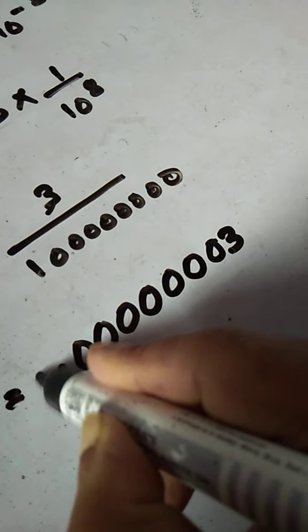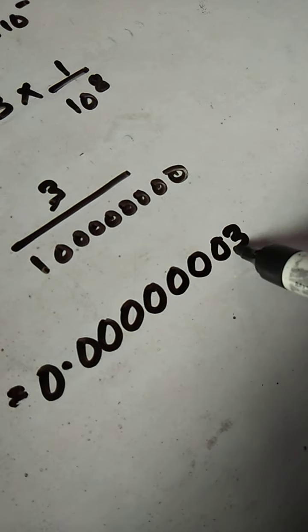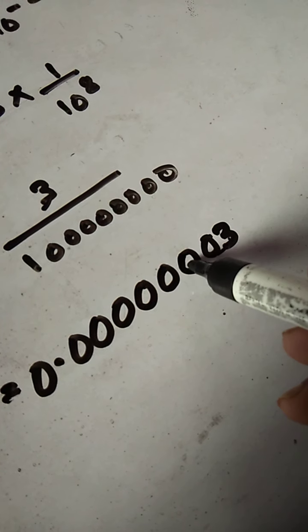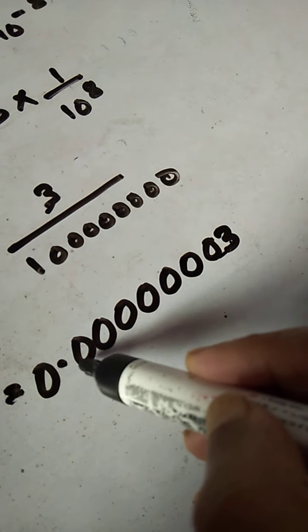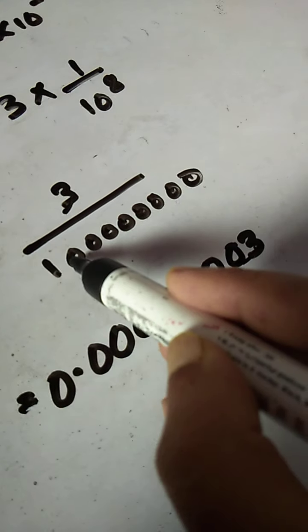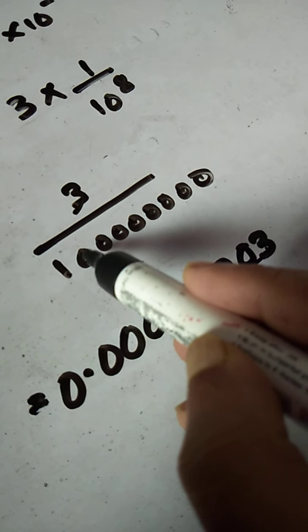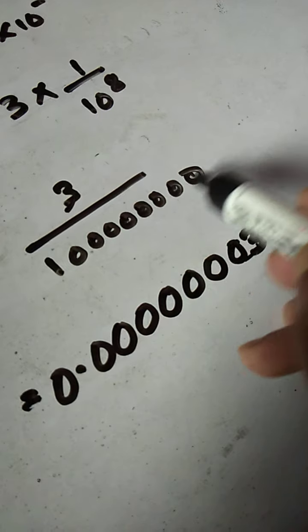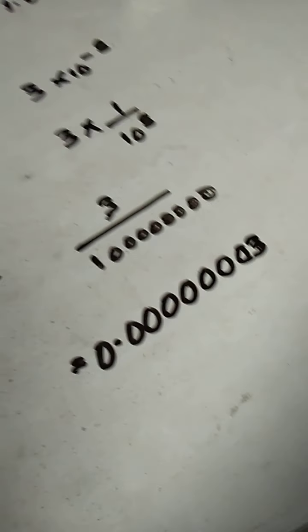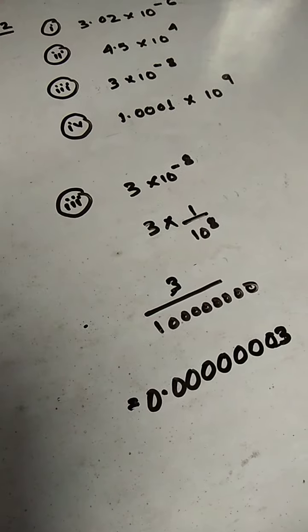Altogether 8 digits should be there, because 8 zeros are there in the denominator: 1, 2, 3, 4, 5, 6, 7, 8. So this is the required answer. I hope everyone is getting this easily.